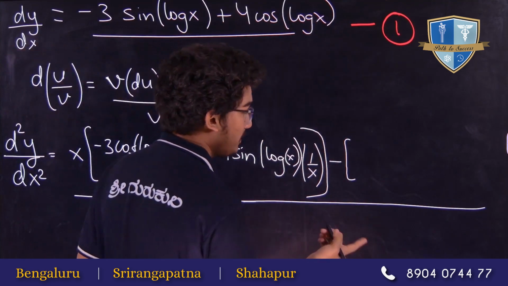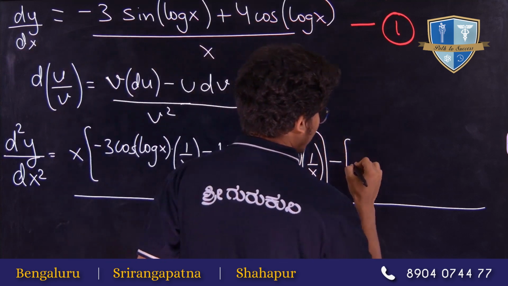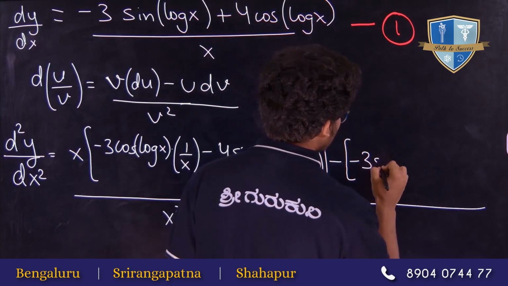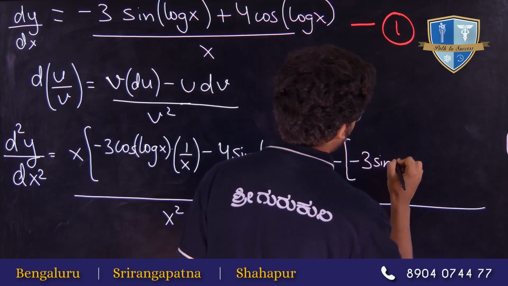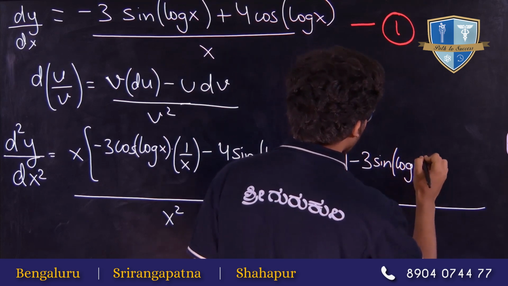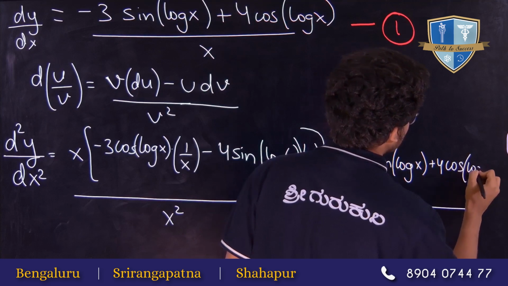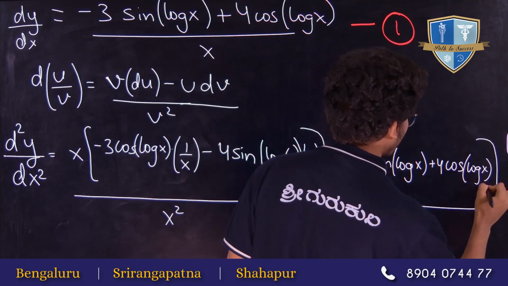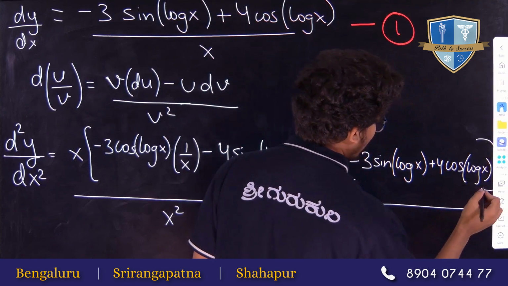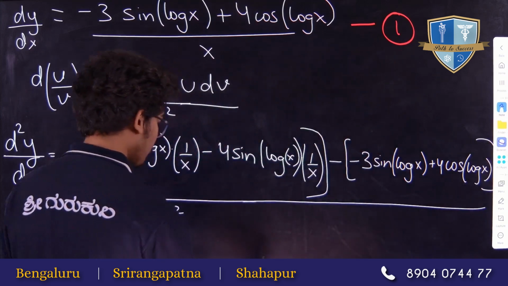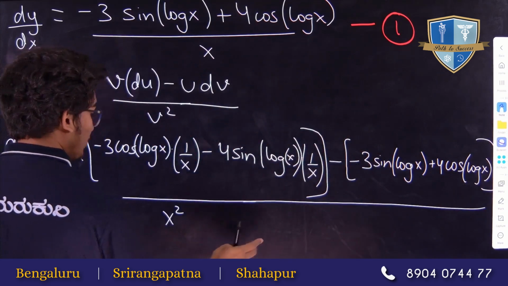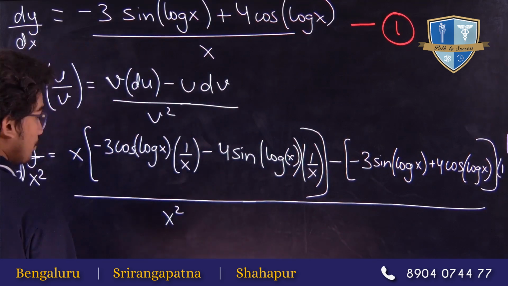Differentiation of x will be 1, so we'll simply write the numerator here directly. So minus 3 sin log x plus 4 cos of log x, into differentiation of x which is 1, correct? Now we have dy by dx, and we have d2y by dx square.